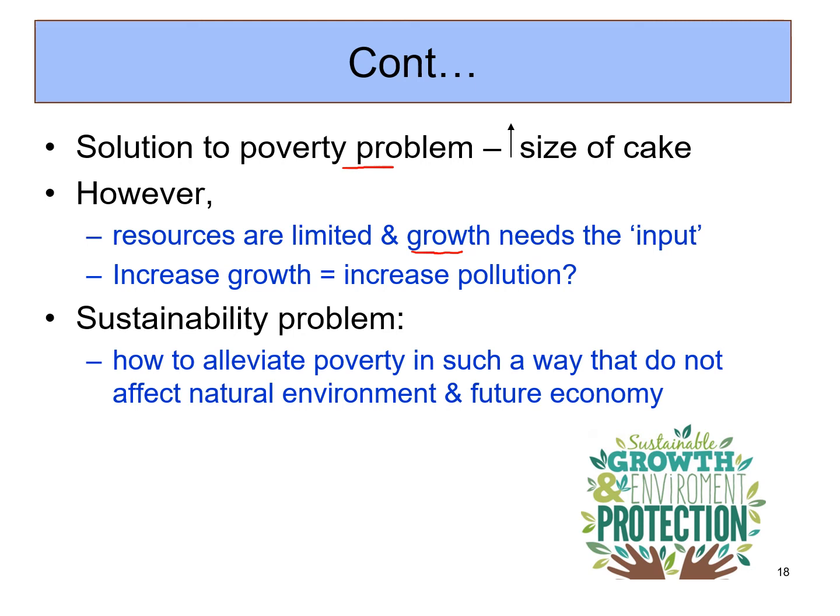Don't you think we will have a problem with increased pollution? Because if you want to develop, you have to manufacture many things, and the manufacturing process is very polluting. So this is the problem of sustainability. How can we reduce or alleviate poverty in such a way that we will not harm the natural environment, as well as the future economy and future generations?